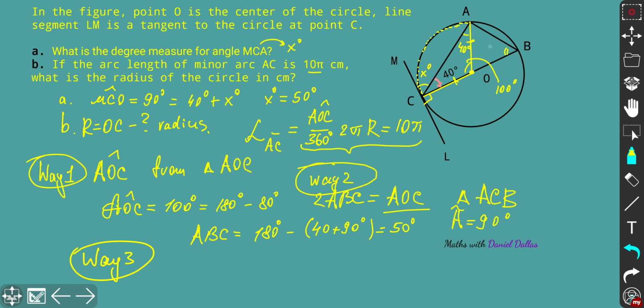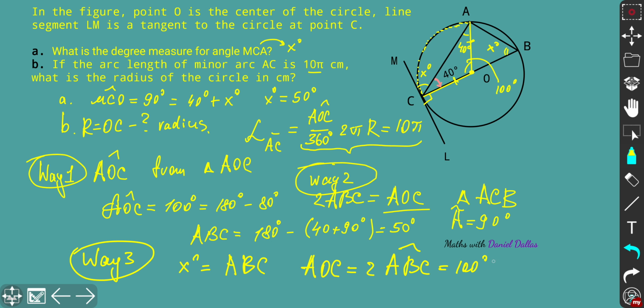So it means that this angle is also X, and angle X is equal to the angle ABC. And that's why angle AOC is twice B. So AOC is simply twice ABC, which is again 100 degrees. So that's how it works.